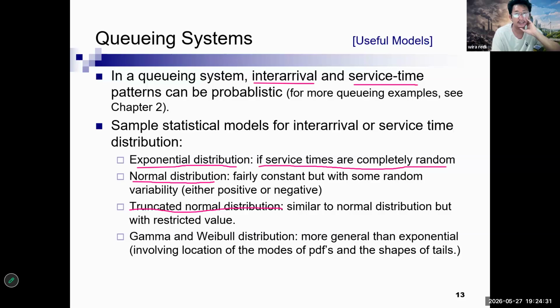But for some variations, gamma or Weibull distributions are more general versions of exponential. Therefore, these may sometimes be a better fit for the distribution of, maybe service time, maybe inter-arrival times, and so on.